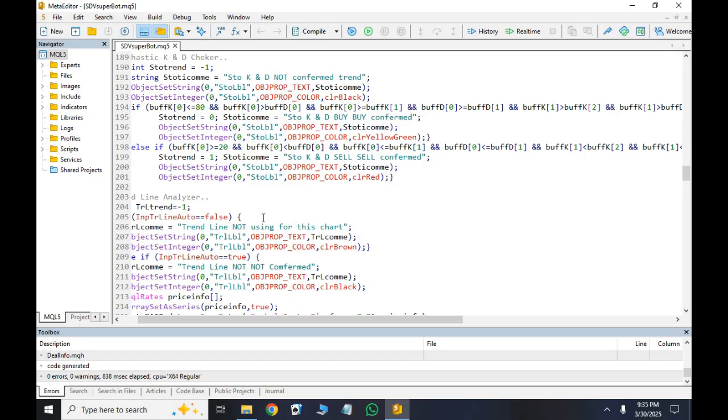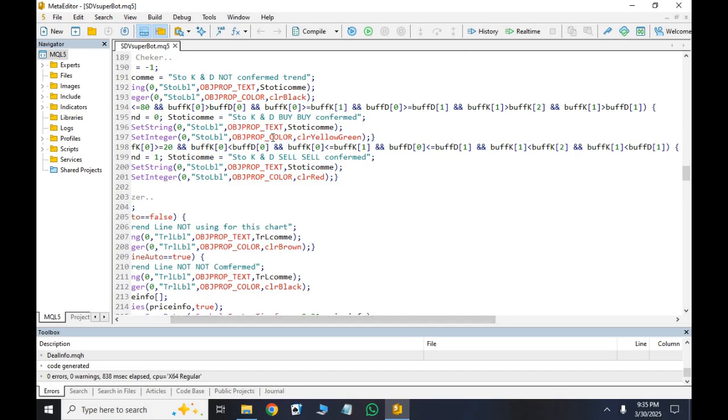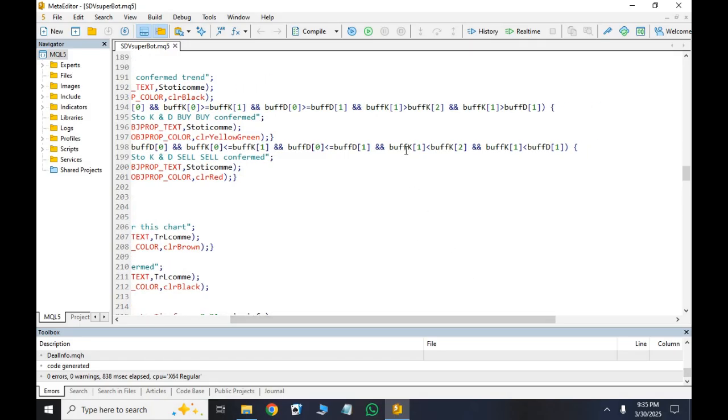And the same for the sell side. K value is above 20, we check forming candle K value should be less than forming candle D value, and forming candle K value should be below previous candle K value, and D value also the same, and the candle before also should be that type.